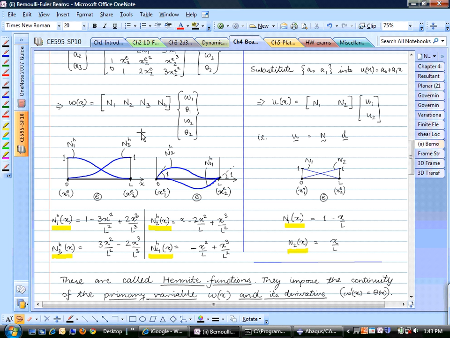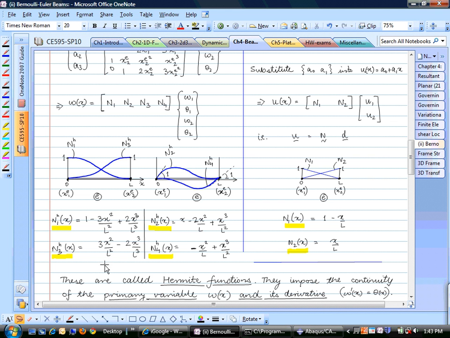So you can see that these are N1 and N3. If you sum them up, their sum is actually equal to 1. These four terms cancel off, and their sum is 1. But these two functions correspond to theta 1 and theta 2. So they do not sum to 1.